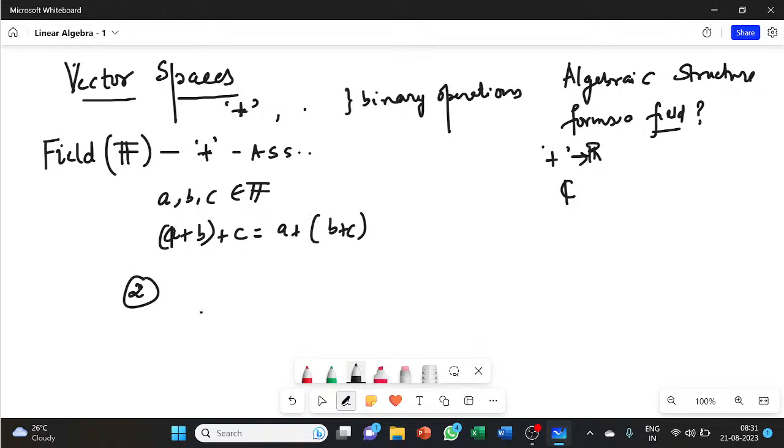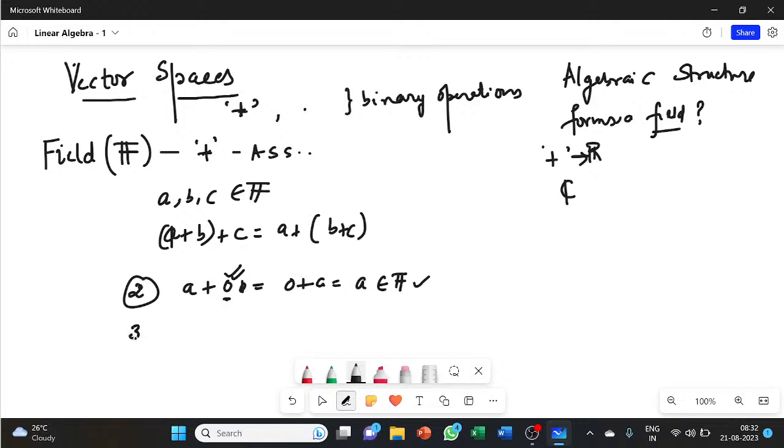is the existence of an identity element. If you have a null element, say 0, that belongs to F, then we say that the existence of identity is there.